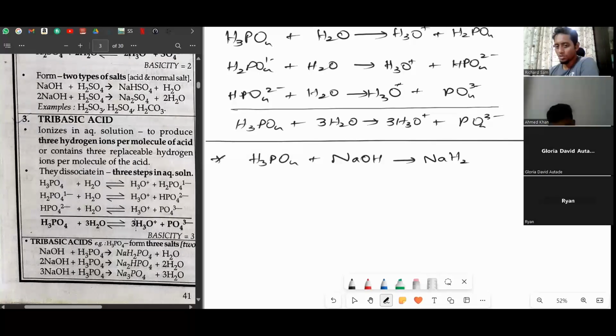So NaH2PO4. That H goes and joins with OH to form water. Okay, this is the first step. What type of salt is this? It's an acid salt because you have the sodium which is positive, the PO4 which is negative, and then you have two hydrogens in the middle. So this is an acid salt.